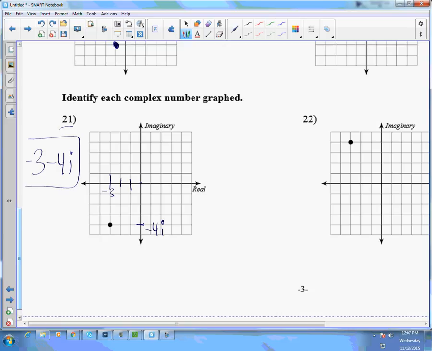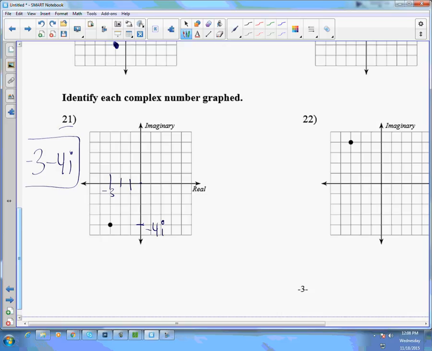Okay, continue with number 22. First, horizontal movement. Second, vertical movement. Make sure the vertical movement has an i on it. If we move left, what's the sign? It's negative.